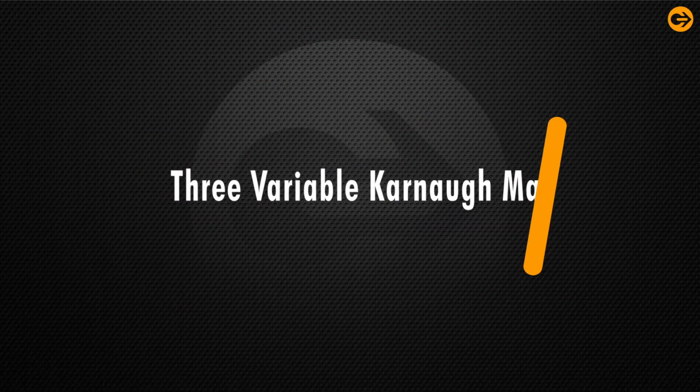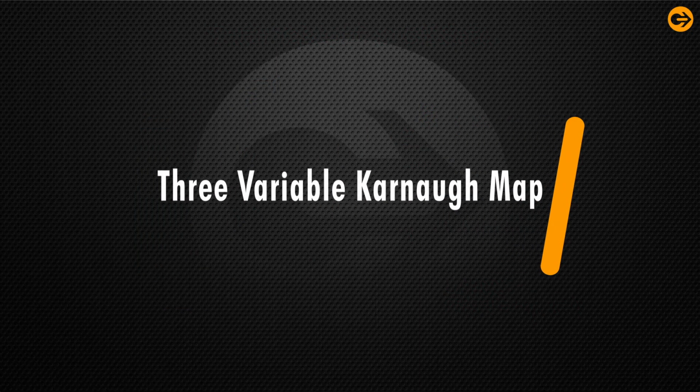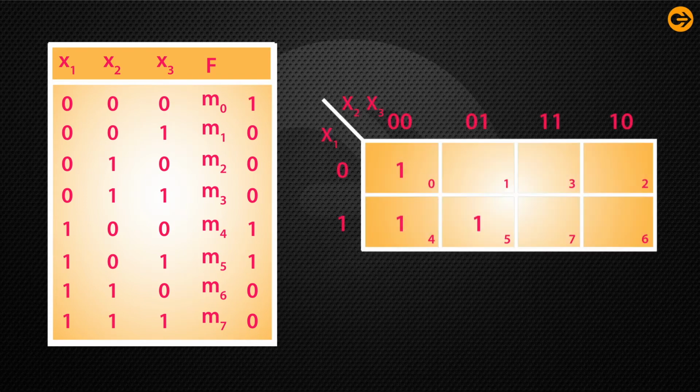The 3-variable Karnaugh map illustrates the truth table of 3-variable K-map. The output column is F. To construct the corresponding K-map, as we know for 3 variables x1, x2, x3, the number of square cells will be 2 to the power 3, which is 8.